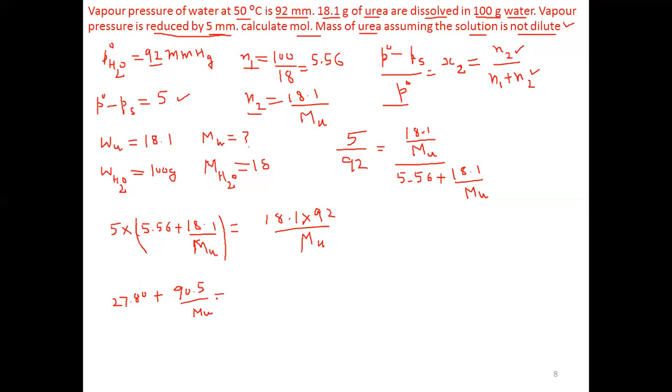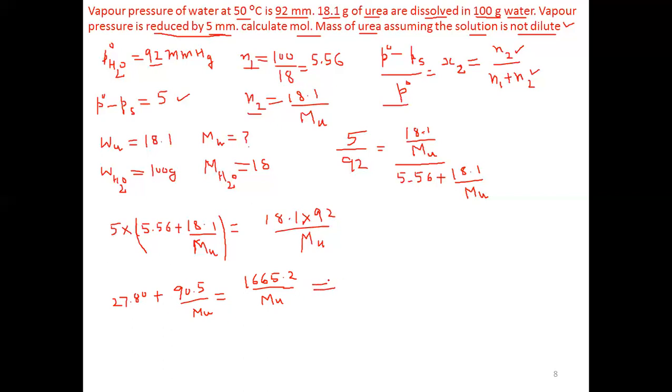is equal to, now we have to multiply 18.1 with 92. It is 1665.2, divided by Mu. Next we can take the terms with Mu on one side and the others on another side. So take this to the right hand side.